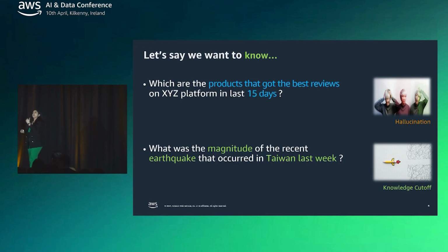If I ask that chatbot a question about some event which very recently happened, for example, the magnitude of a recent earthquake in Taiwan last week, the model might be trained for a specific cutoff date. So let's say the model is trained till December 2023. It does not have that information. So there is a knowledge cutoff there. It does not know the answer.